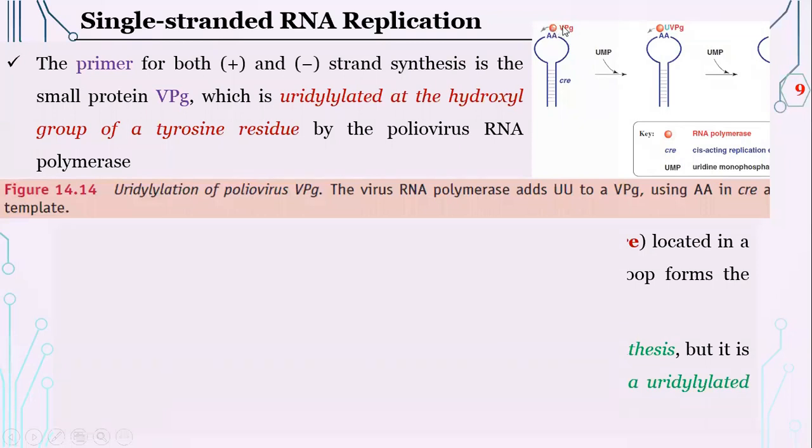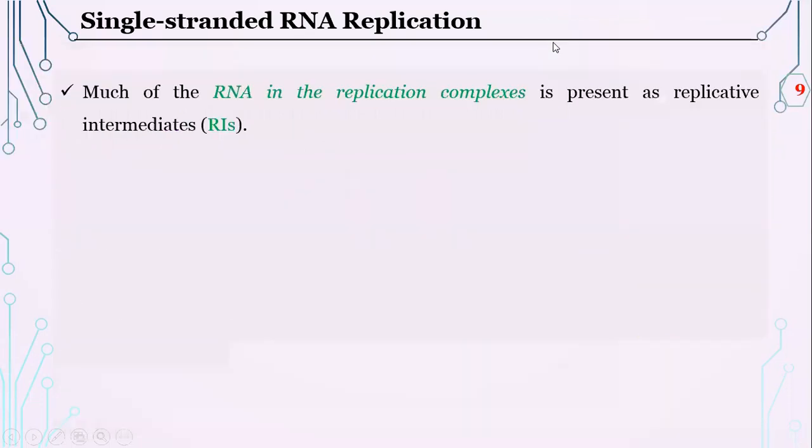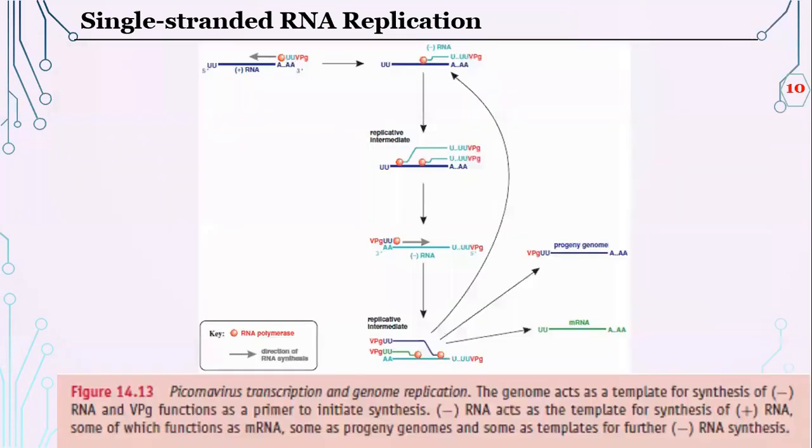The polymerase will add first uracil and then the second uracil, and that will mean the uridylation of the VPg. And then it will start polymerization and will produce the negative sense strand.